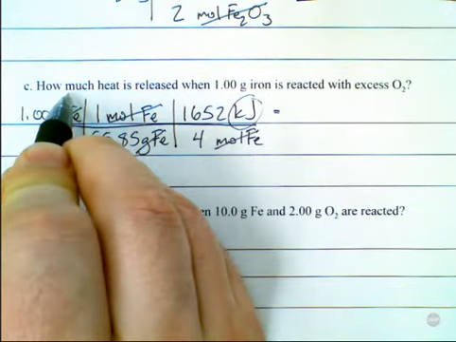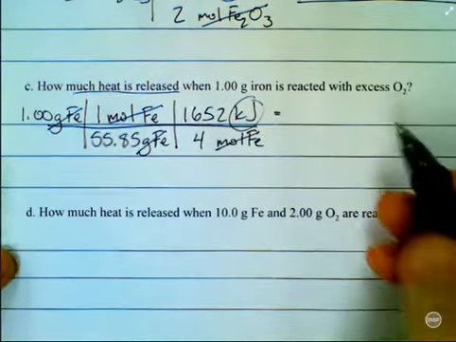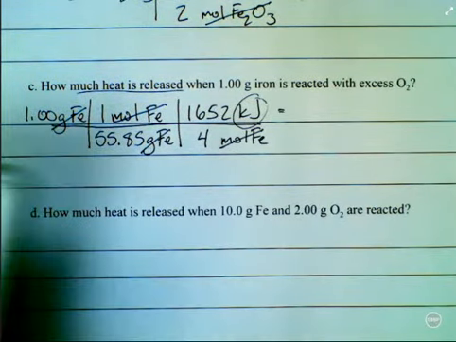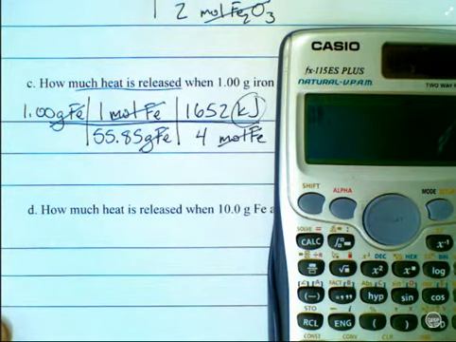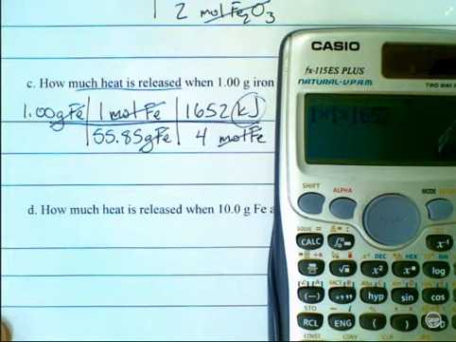Now I'll be left with a unit of heat. The question asks how much heat is released. I know I'm on the right track. Now all I have to do is calculate. 1 times 1652 divided by 55.8 divided by 4.